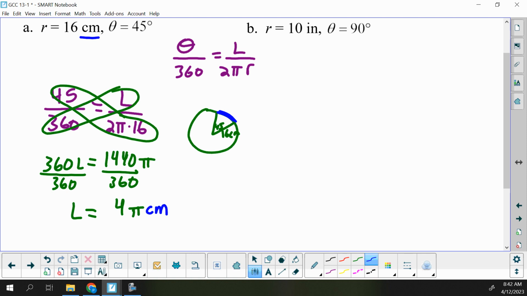So we got another example here. What if we wanted to find the arc length when the radius is 10 and the central angle theta is 90? So we're just going to do 90 over 360 equals, we're looking for the arc length, so we'll leave that as L, 2 pi times a radius of 10 this time.